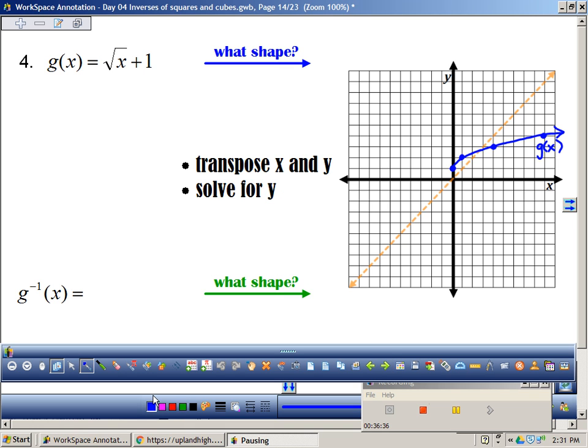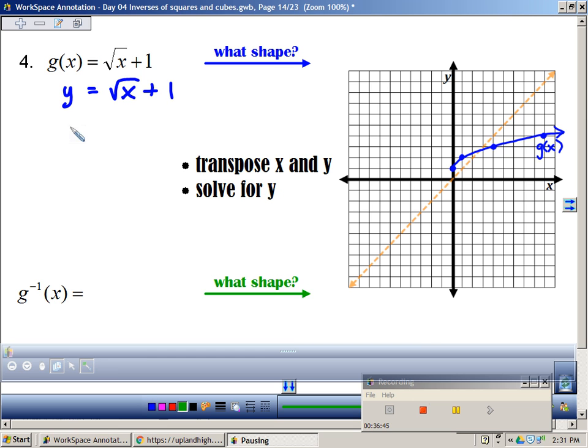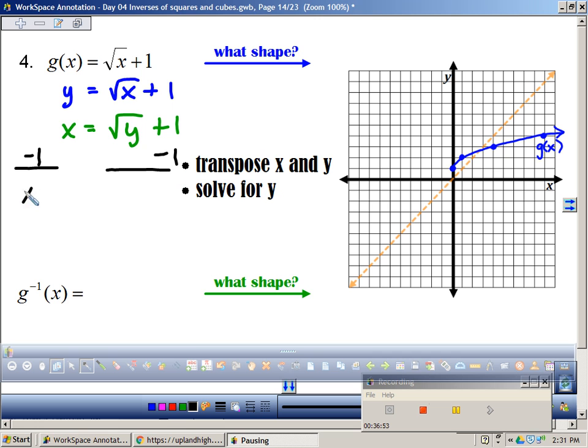So I'm going to do this one in transpose x and y. So I'm going to take it out of function notation and say y equals the square root of x plus 1. Transpose x and y. Isolate my y by subtracting 1 first. And then squaring both sides.